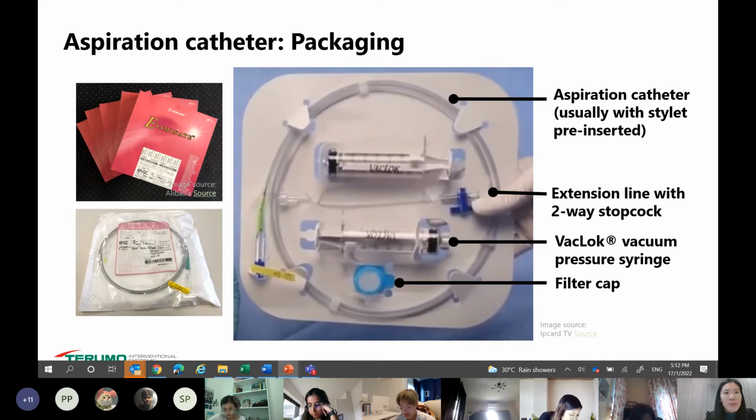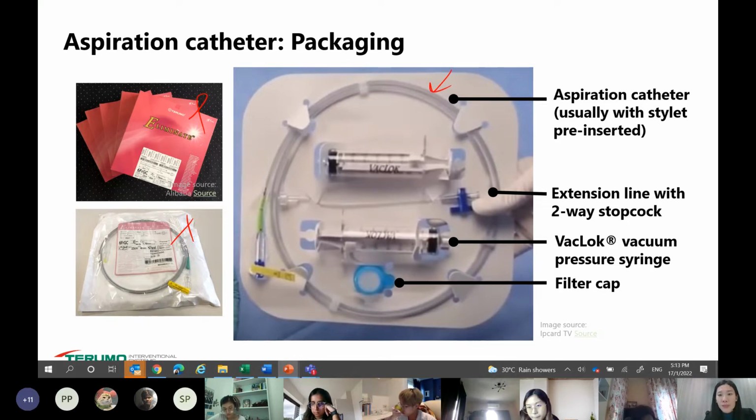So packaging wise, box, blister pouch, not sterile. Within it, with the paper backing, it is sterile. So it has a few devices here. It comes with the aspiration catheter itself, usually preloaded with a stylet in the holder tube.